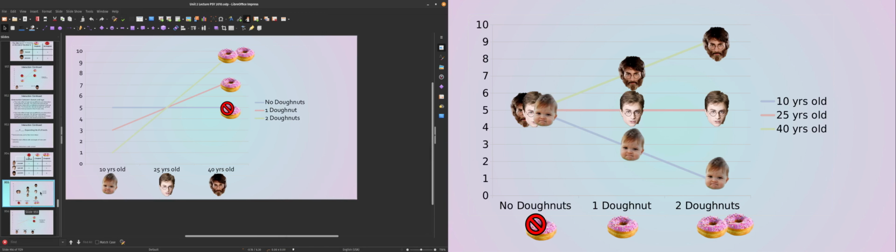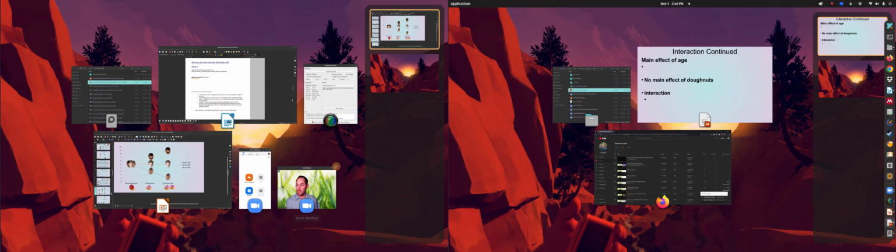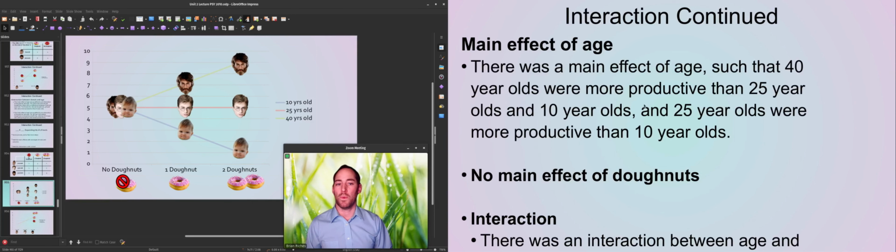So let's go back to here. When we're looking at this, is there a main effect of age? We already saw that the 40-year-olds were the most productive, 25-year-olds were also pretty productive, and they were all more productive than the 10-year-olds.